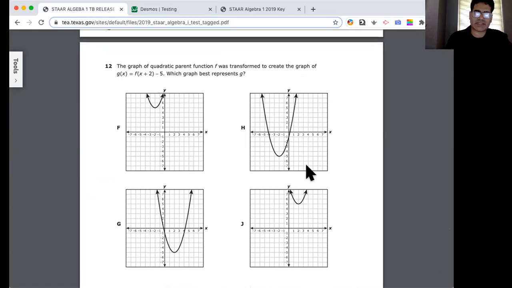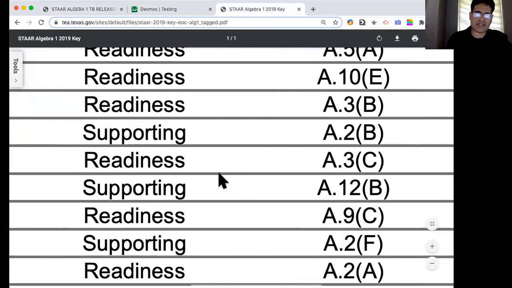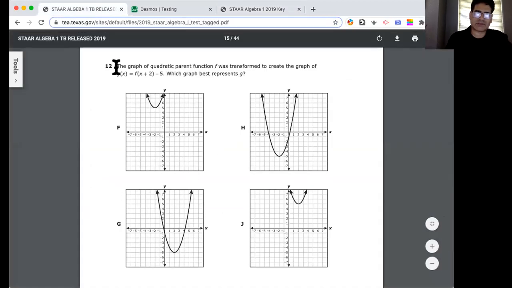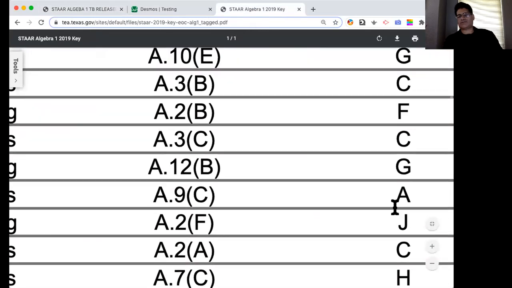So that is an H, isn't it? And our answer key, in fact, has, that was 12. That's why we didn't see it. It was 12, and that was H. And that's an H. Got it right there.